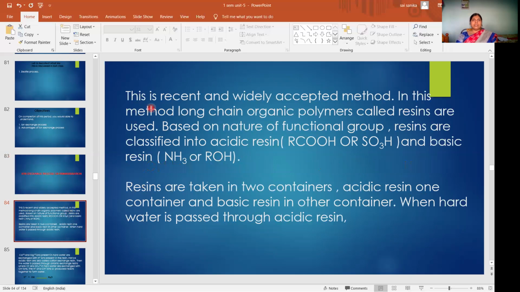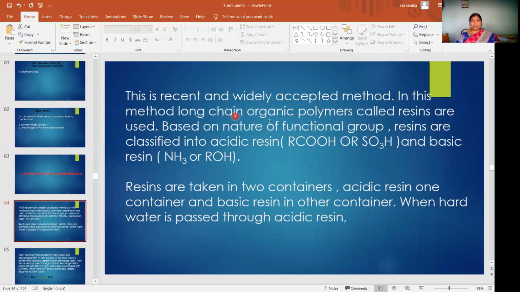This is a recent and widely accepted method. In this method, long chain organic polymers called resins are used. What we are using are organic long chain polymers.